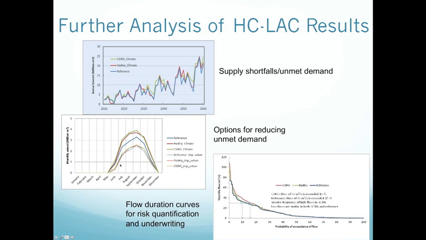And you can do this on a monthly basis. Here you can do the monthly unmet demand, or you can quantify flow duration curves for risk quantification and maybe insurance underwriting. Those are the types of applications that the output of this model can be processed for.